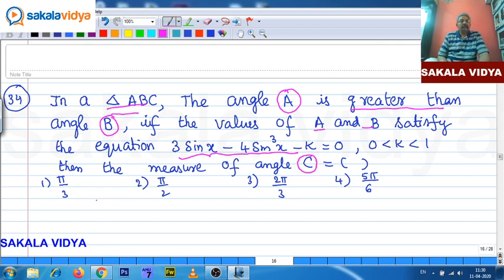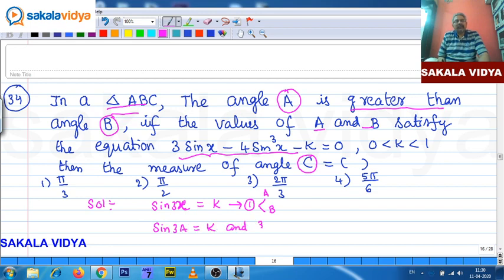Okay, now plan like this. First, 3 sin x minus 4 sin cube x is nothing but sin 3x. So sin 3x is equal to k, say equation 1. This equation 1 has two solutions, A and B. That means we get sin 3A equal to k and sin 3B is also k.